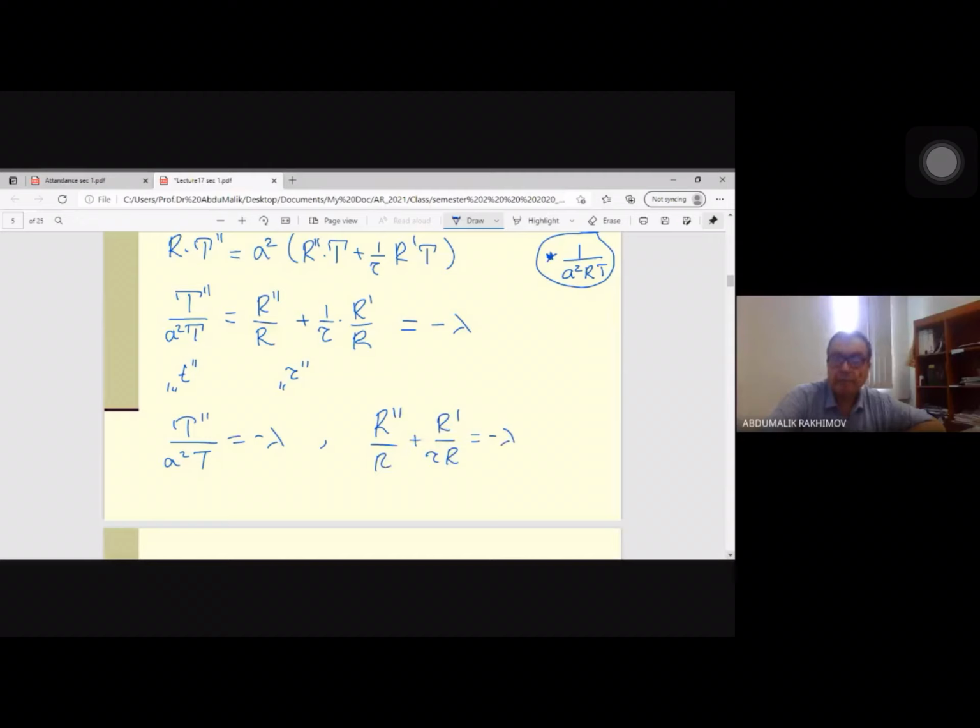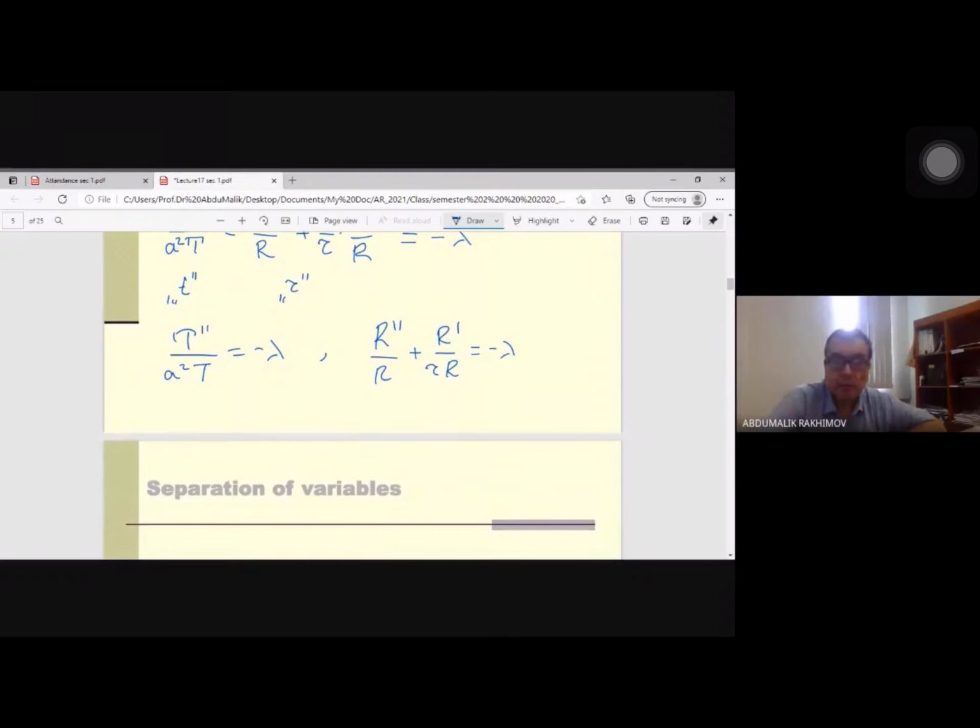This first equation we can write like this: T double prime plus lambda a squared T equals 0. This equation we know. It is equation 1.8 in lecture number 1.